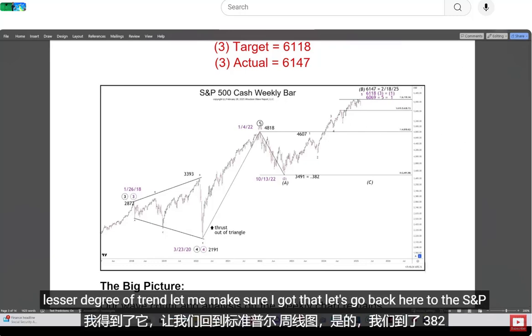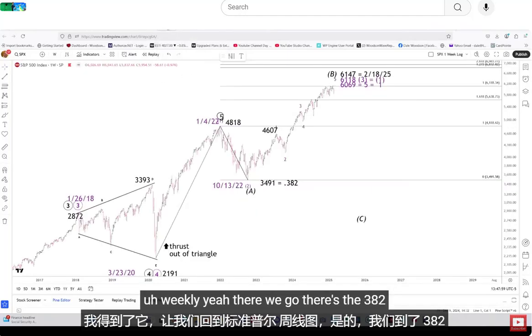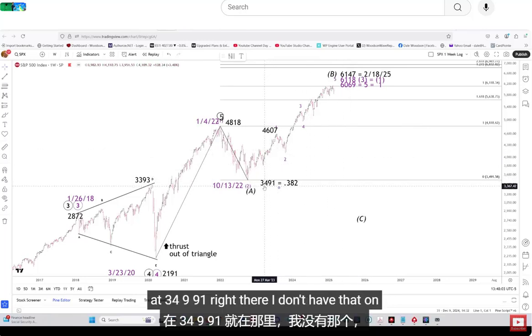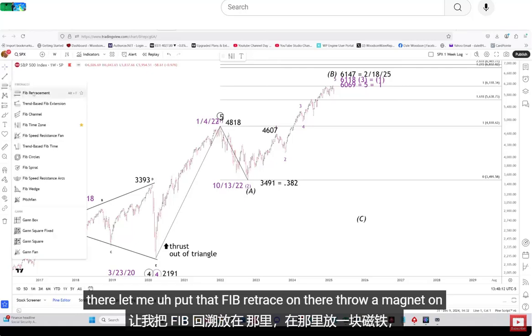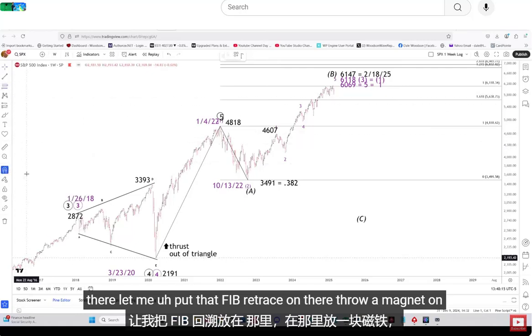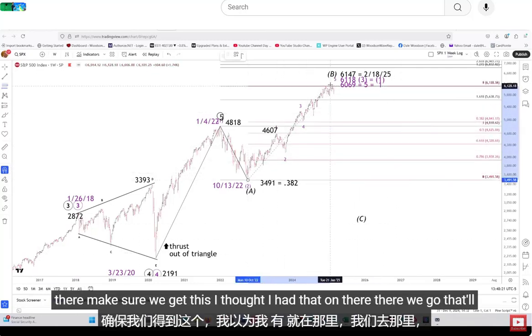Let me make sure I got that. Let's go back here to the S&P weekly. Yeah, there we go. There's the 382 at 34.91 right there. I don't have that on there. Let me put that fib retrace on there. Still a magnet on there. Make sure we get this. I thought I had that on there. There we go.